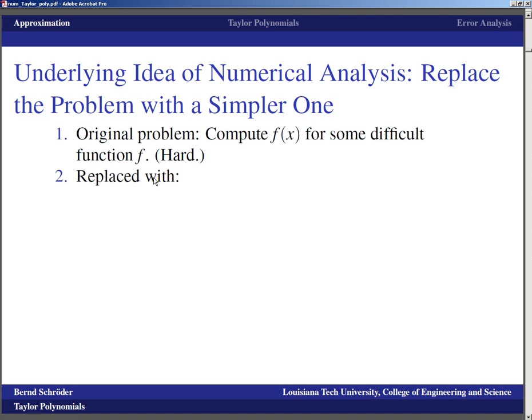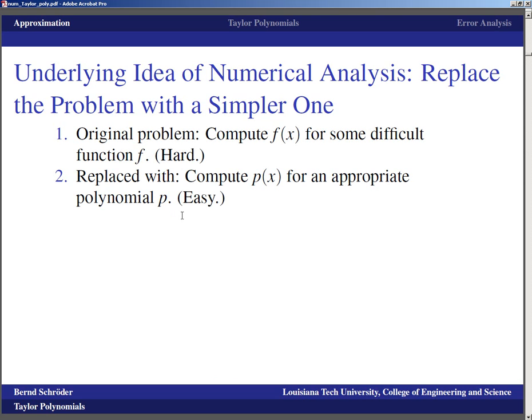And that's hard. And we're going to replace that with the task of computing p of x for an appropriate polynomial p. Now that is an easy task, or if it isn't easy, I mean, there's nothing easy about computing, say, a 15th order polynomial. At least it is easier than doing these strange acrobatics that we've seen would be required for e to the x on the previous panel, right?